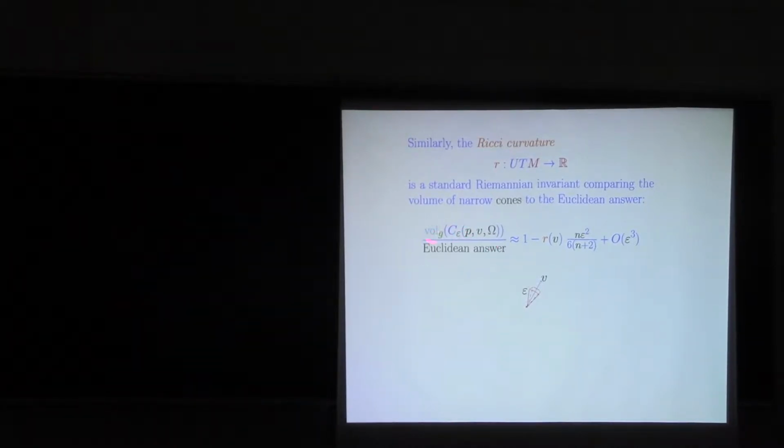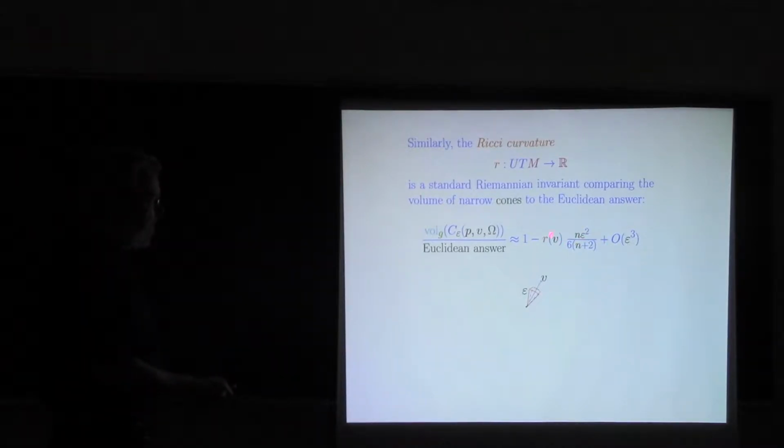The volume in the manifold versus what you would expect in Euclidean space, to lowest order, is just 1, and then there's a quadratic correction, and the coefficient there is called the Ricci curvature.